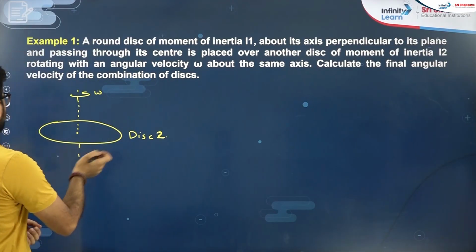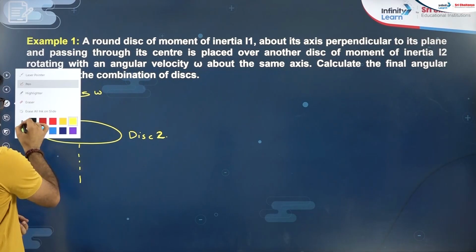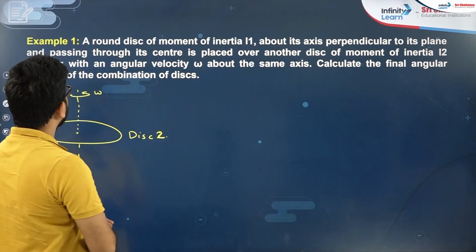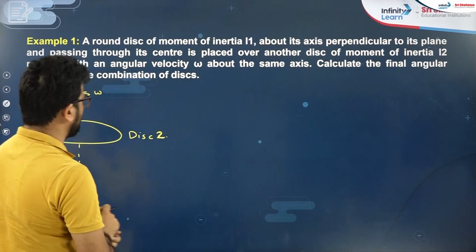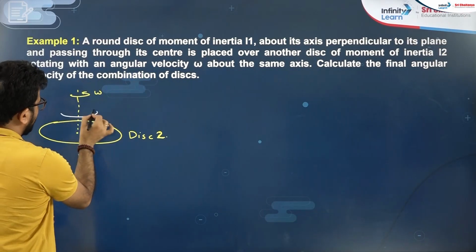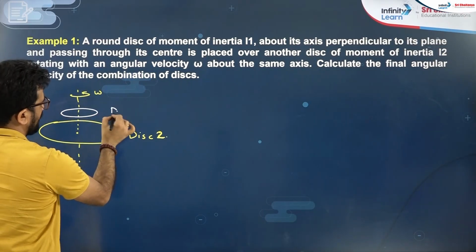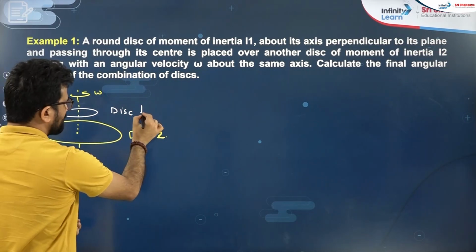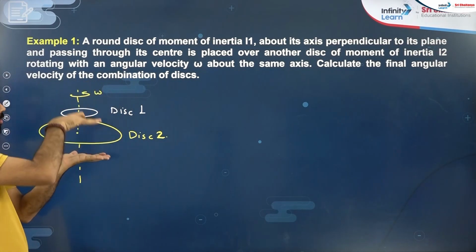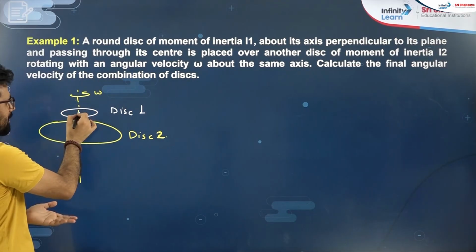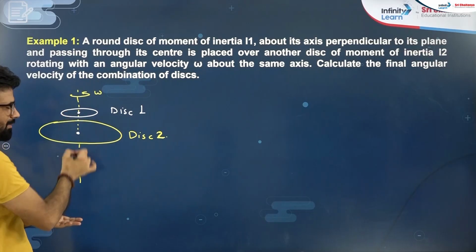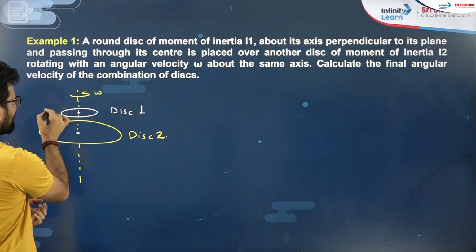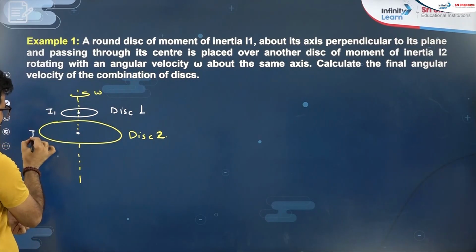Now on this disk, I am placing another disk, disk 1, coaxially, with the same axis.